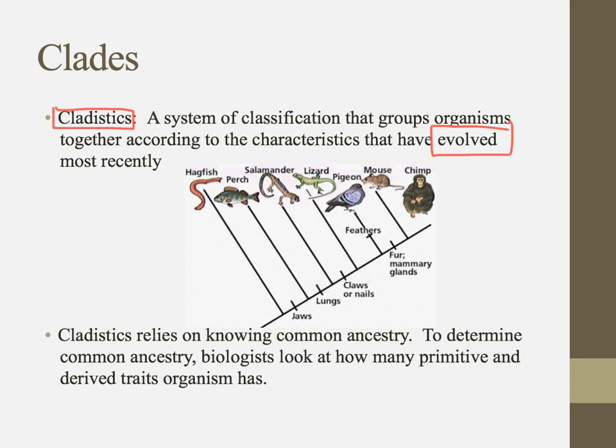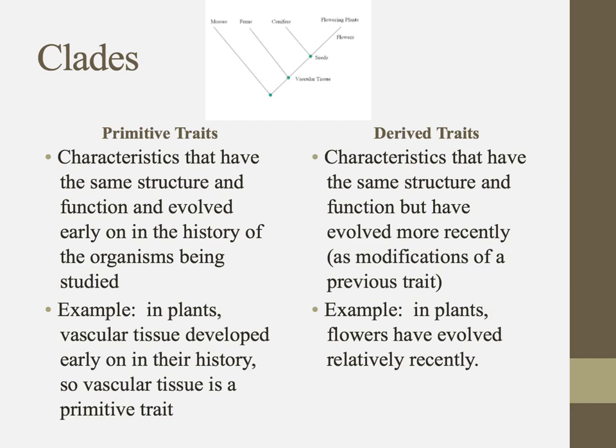Okay, so again, this relies on knowing common ancestry. And so to figure out the common ancestry, of course, we can use DNA sequences and other things, but we can also look at the primitive and derived traits that different organisms possess. Primitive traits are exactly what they sound like.